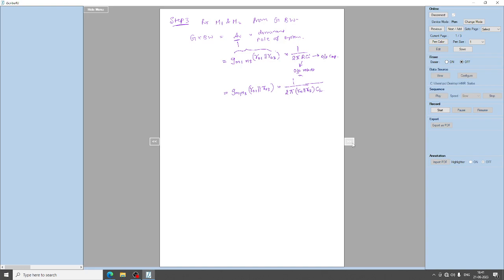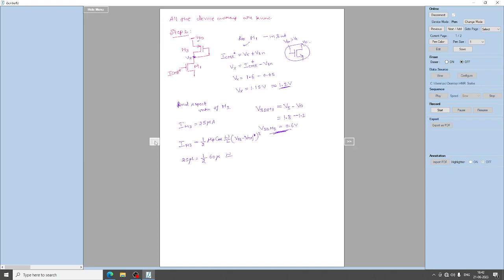So R cancels, and the gain bandwidth product will be GM1 divided by 2 pi CL. Sorry, only GM1 we consider, or you can consider GM2, since the circuit is symmetric.